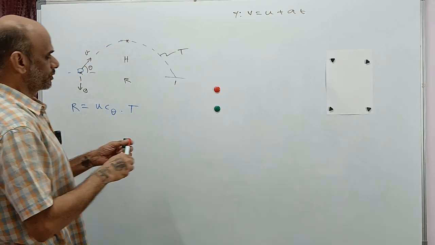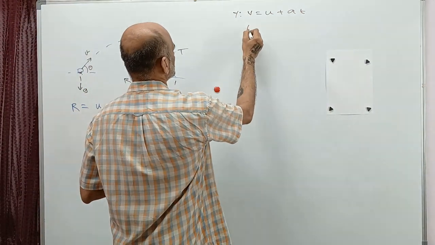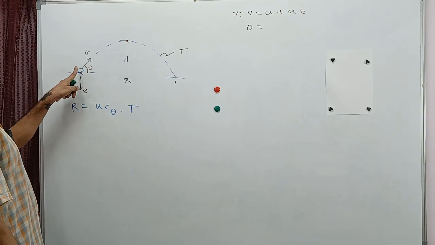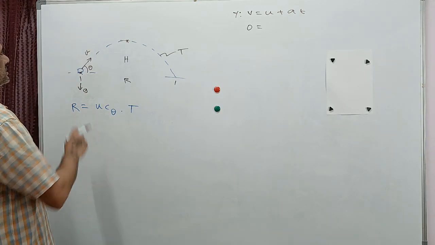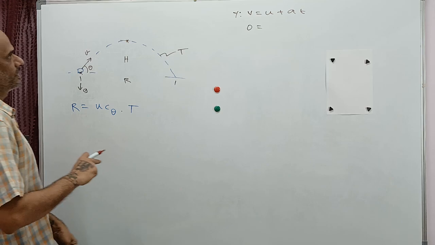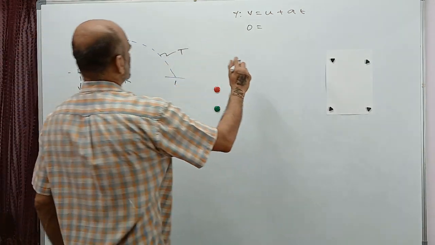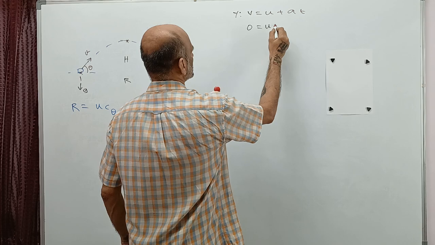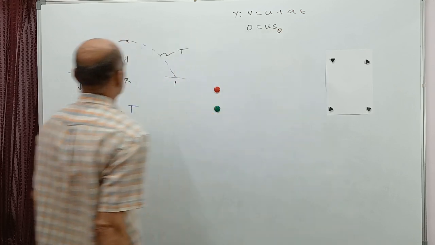At this maximum height point, the vertical velocity is 0, because initially the vertical velocity is u sine theta. After that it keeps on decreasing because gravity is opposing this motion. At the topmost point, the velocity is 0 and the initial velocity in the vertical direction is u sine theta.